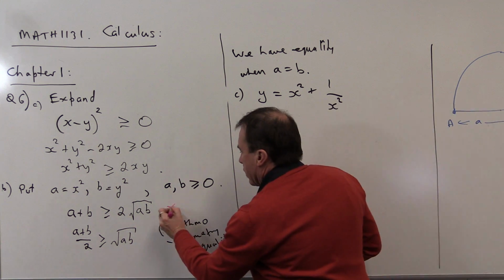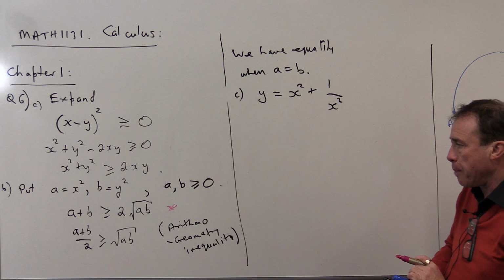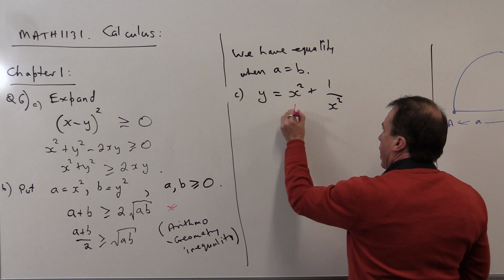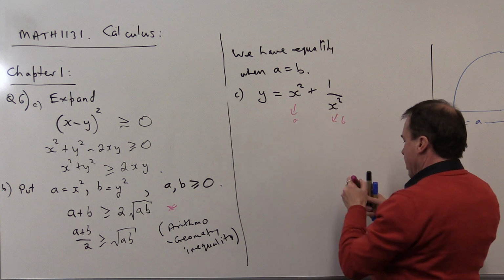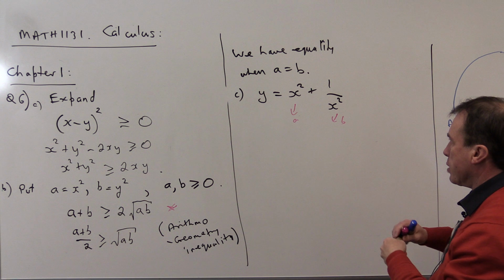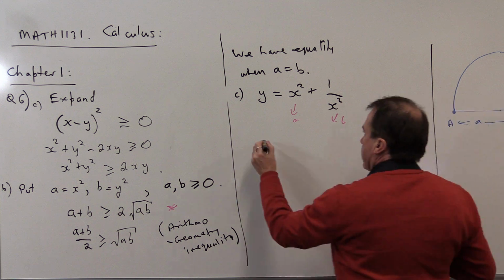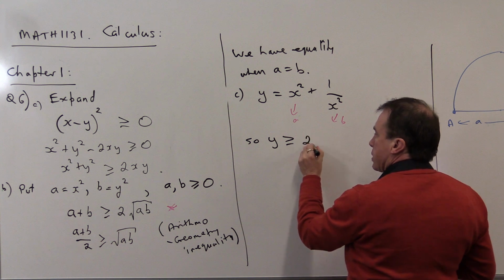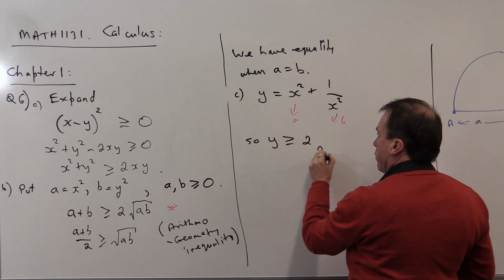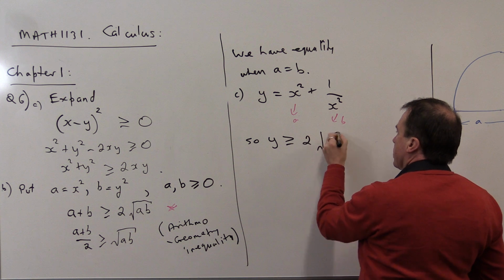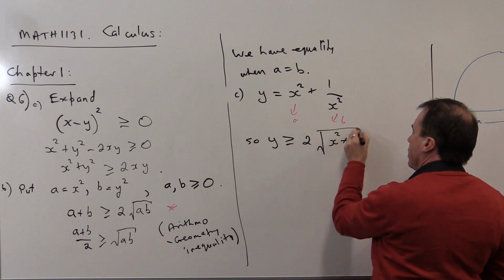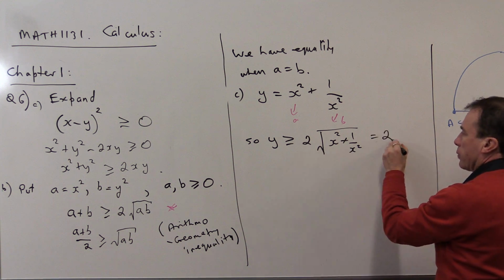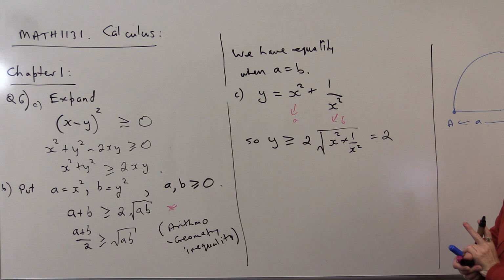I'll probably use that particular form of it back there, that is, I multiply the 2 back up the other side, and I'm going to think of that as my A, and that as my B. Applying this inequality, y is bigger or equal to twice the square root of x squared times 1 over x squared, and these cancel, and so I just get 2. So y is bigger or equal to 2.